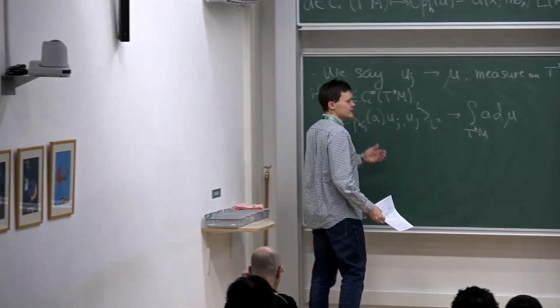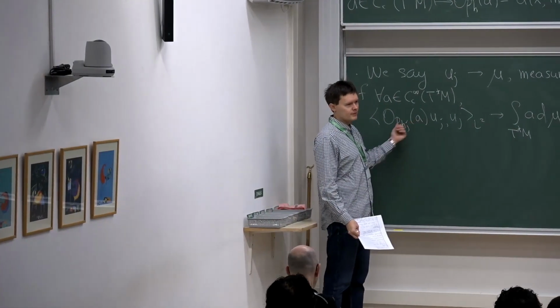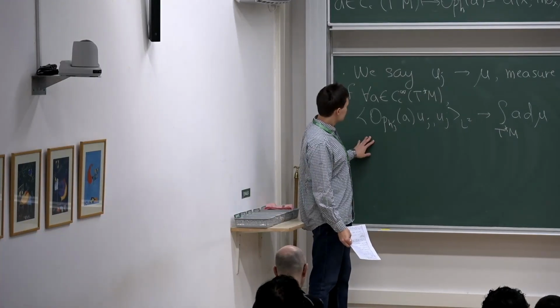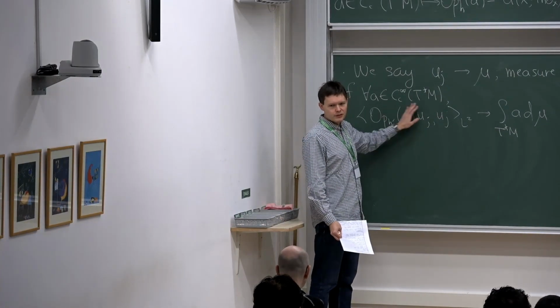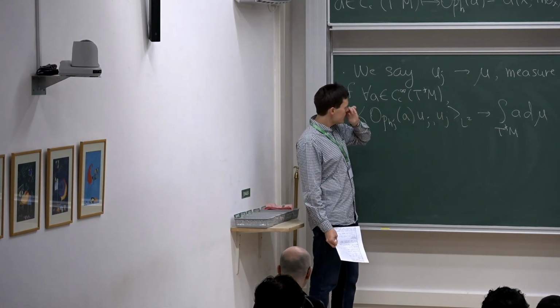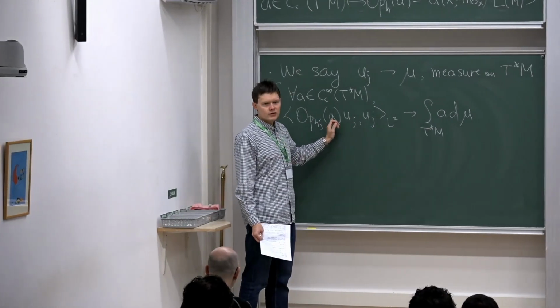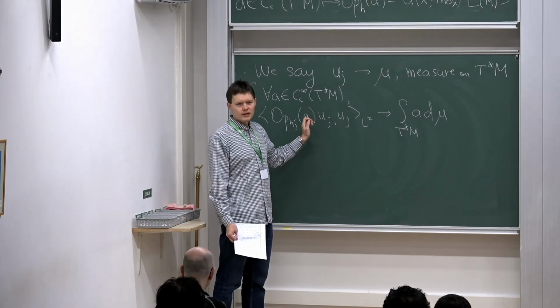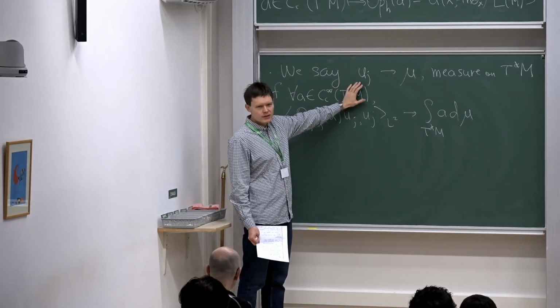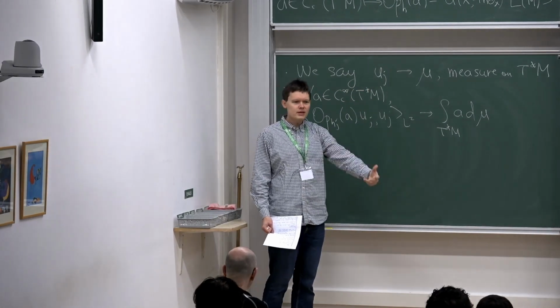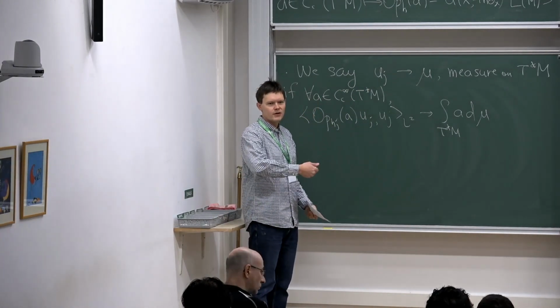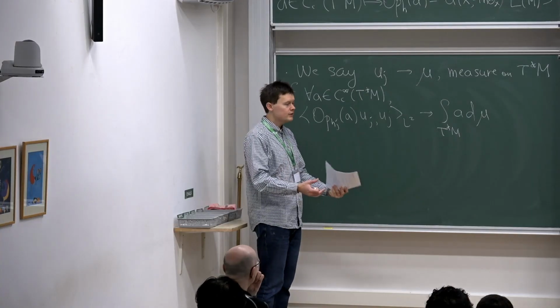And h is, well, in principle, a Planck's constant, except this one is dimensionless. Then this expression here, this inner product, it's quadratic in u_j, and it's nothing else but the average value of the classical observable a. So T star M here is the space of position and momenta of a classical particle on my manifold.